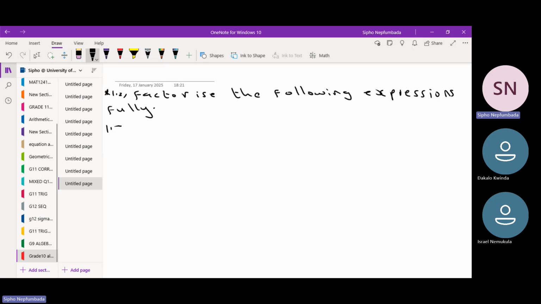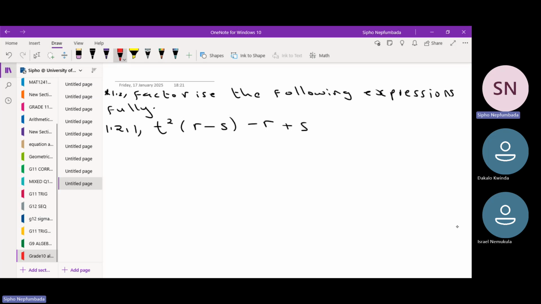Let's say on 1.2.1, they say t squared into r minus s minus r plus s. 1.2.2, they say x to the power of 3 plus 1 divided by, but before we go there, we have to talk about something, but let's end here. So they say factorize fully.